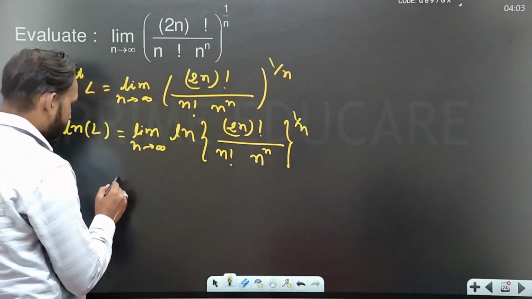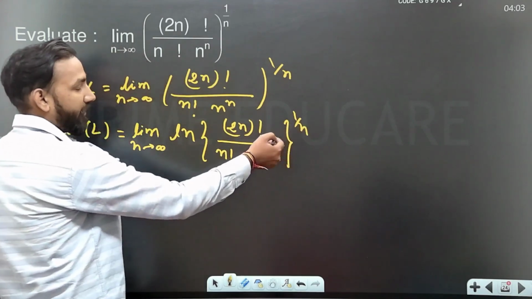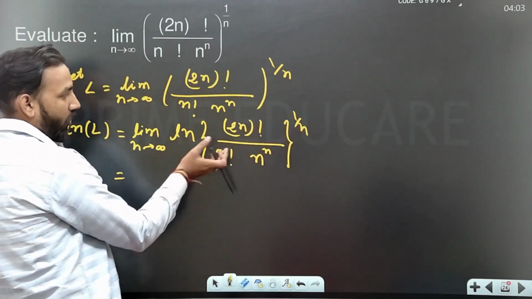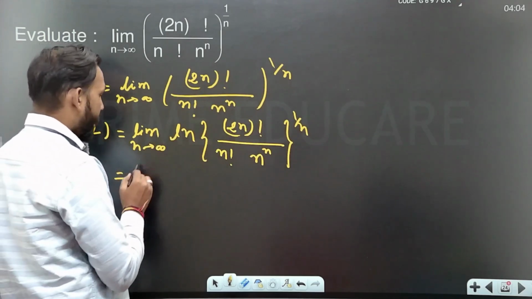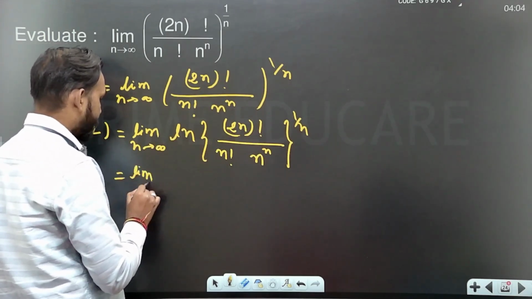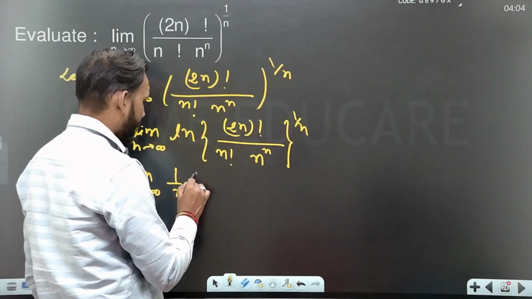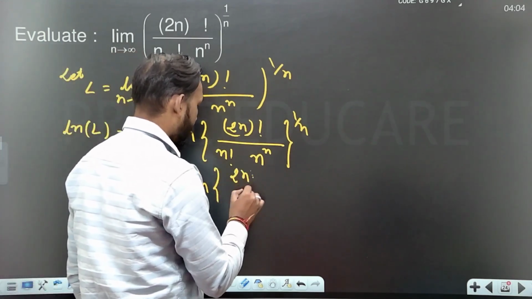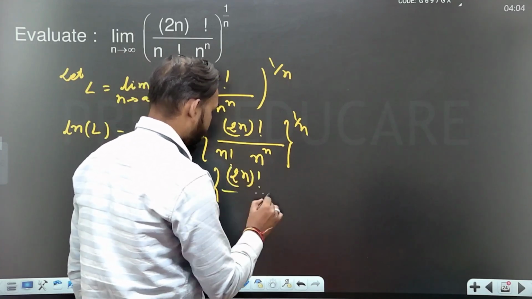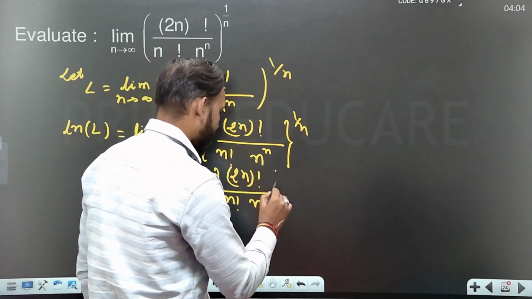Clear? Now by the power rule, the power inside the log comes forward like that: limit n tends to infinity, 1 over n ln of factorial 2n over factorial n and n to the power n, like that.